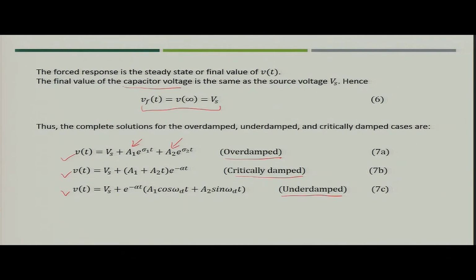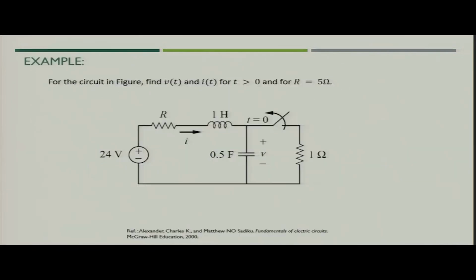So, we will try to understand the fact with the help of one example. In this example, the switch is opened at time t equal to 0 and the resistance R, given in the figure, is 5 ohm.